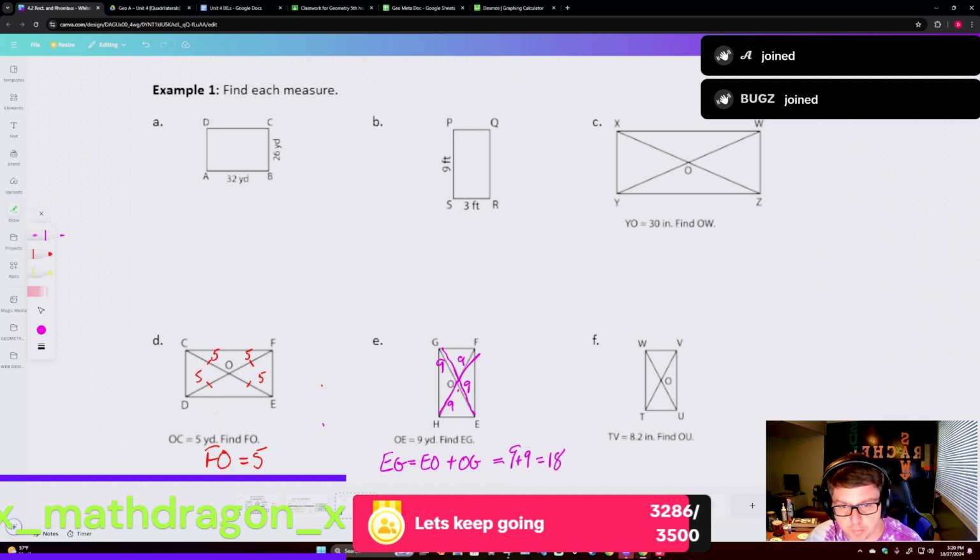So EG would be 18. If I know the whole thing is 8.2, 8.2 divided by 2, because we have 2 segments, is going to be 4.1. So I know each one of these segments is 4.1. All right? So if I wanted to know OU, OU equals 4.1.